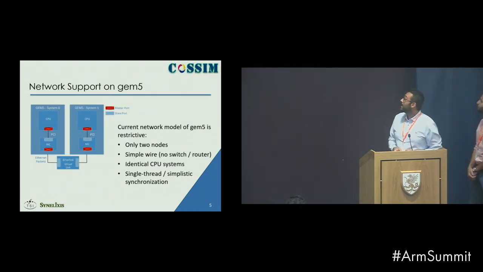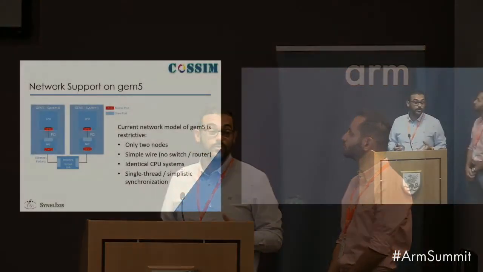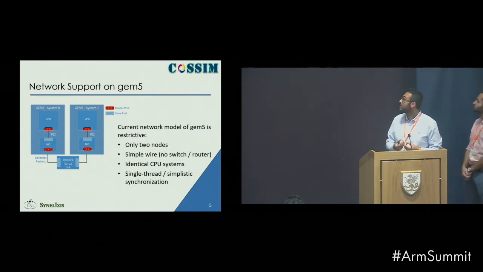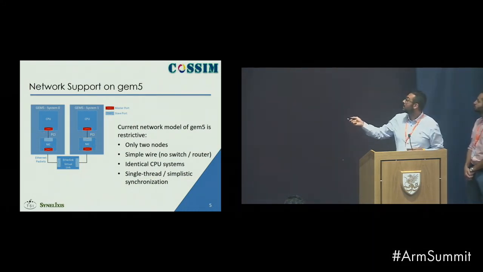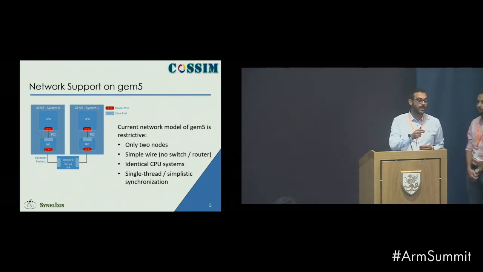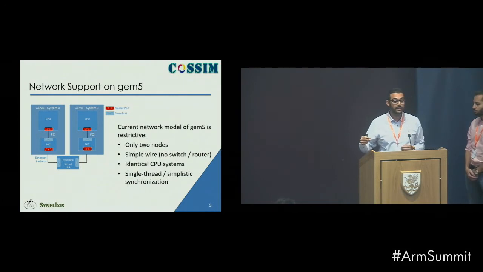In GEM5, currently, the network model that is used supports only 2 nodes that are connected through a simple wire. There is this virtual Etherlink that just simulates a wire that goes from one network interface card to the other.